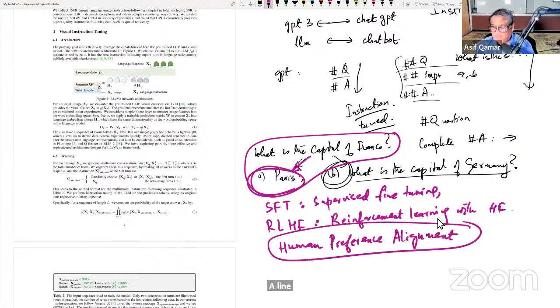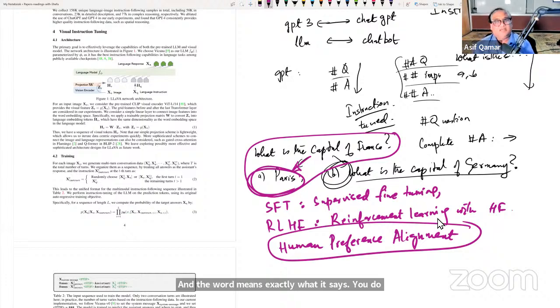The word means exactly what it says. You do that, and that's what makes a GPT, once you do instruction fine-tuning, become, for example, ChatGPT. With any LLM, once you do instruction fine-tuning, you can have a conversation with it.